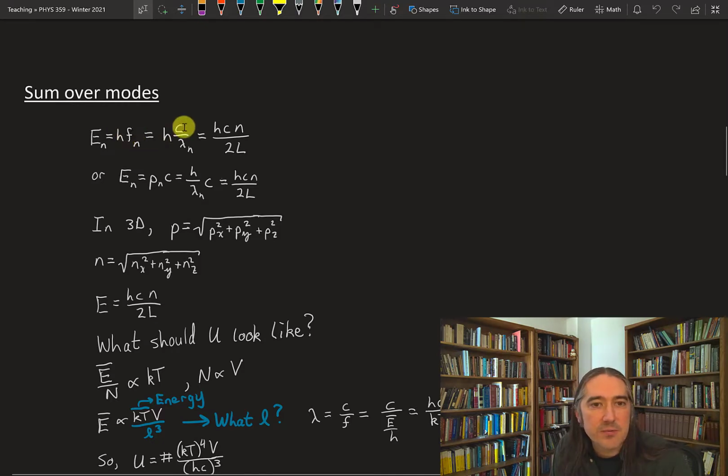Frequency for an electromagnetic wave is just speed of light over the wavelength. So the wavelength is now in the formula, and we saw before the wavelengths that fit into our 1D cavity have the form 2L over n. Okay. So the nth energy is hcn over 2L.